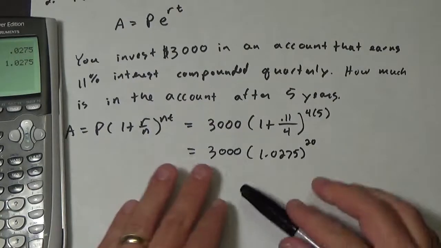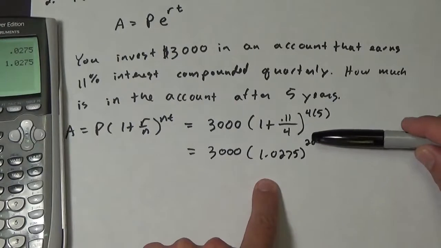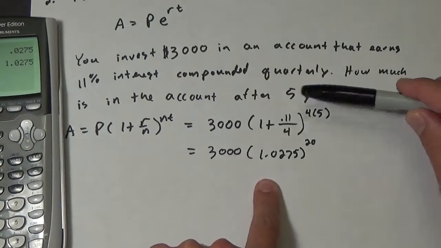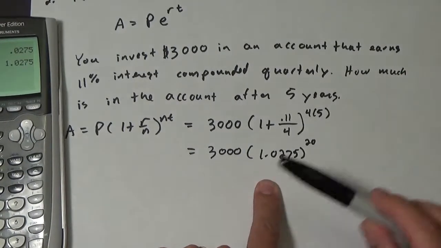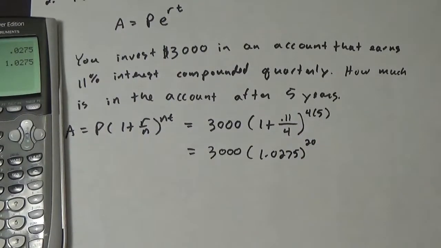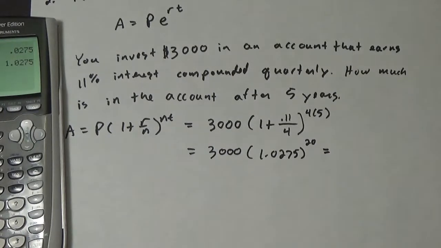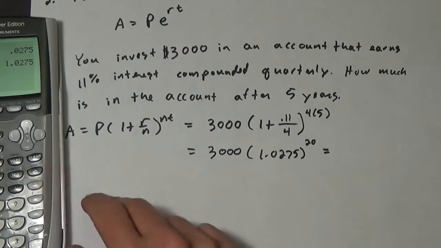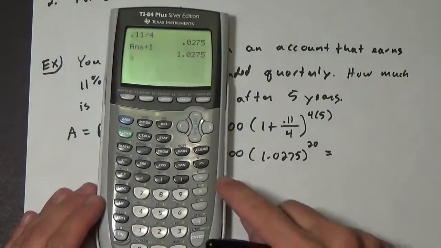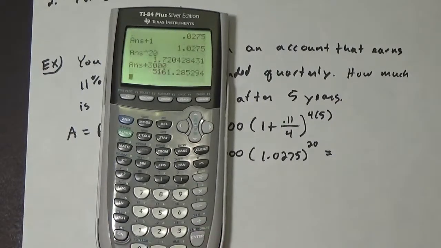And so we do have the basic form of an exponential function. We have a, b. Now, usually this is an x, but we are evaluating it at one specific point, 5 years. So we do have 20 up here, but it is an exponential function. All right, so let's see what we end up with. So we're going to take that 1.0275, and then I raise it to the 20th power, and I multiply that by 3,000.